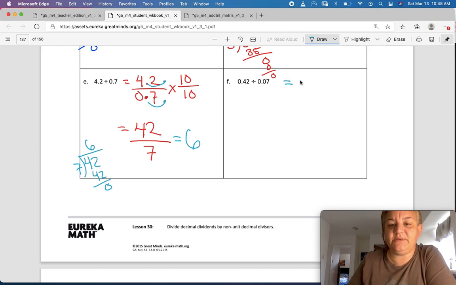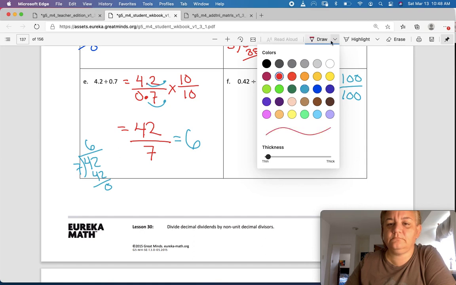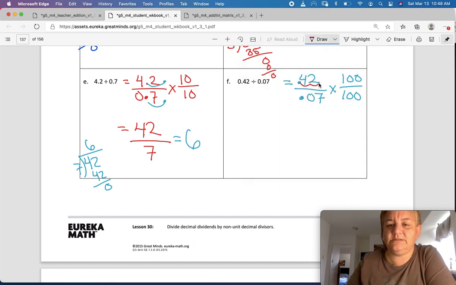All right, 42 hundredths over 7 hundredths. I'm going to multiply that. I want it to move twice. I'm going to multiply it by 100. And 1, 2, right?